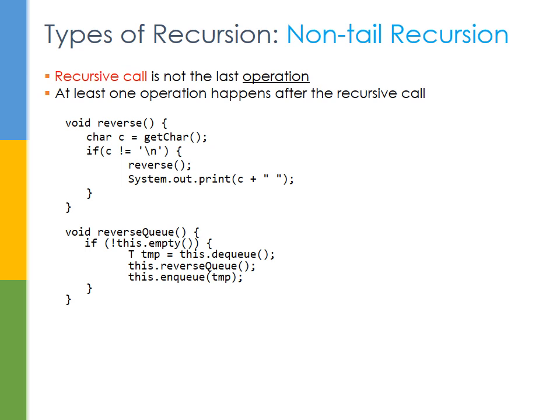So we then unwind the stack, and we then have for each call to reverse queue, the recursive function call over here terminates. We then perform the enqueue operation over here, and we enqueue then temp, which is the value for this recursive call that has been removed by the dequeue operation over here.